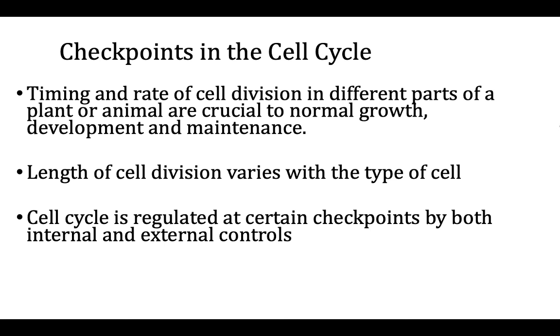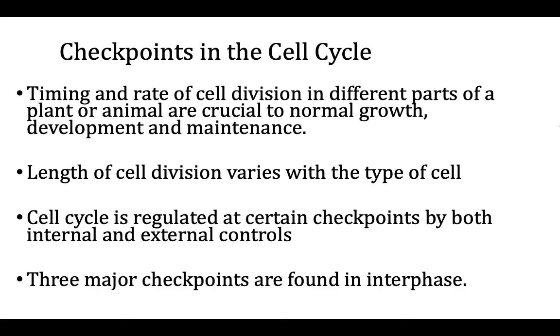So for example, in interphase, G1, S, G2, at the end of each phase, the cell is able to determine, based off of chemical signals that it gets, whether or not it should follow through with cell division. Okay, so the three major checkpoints are found in our three parts of interphase, which is our G1, S, G2 phases.